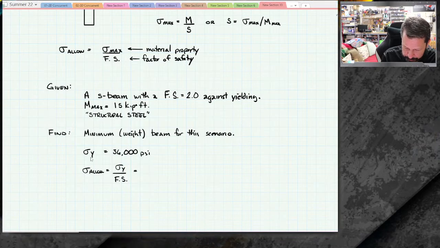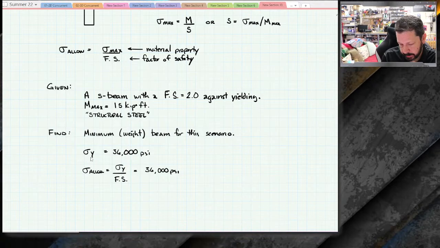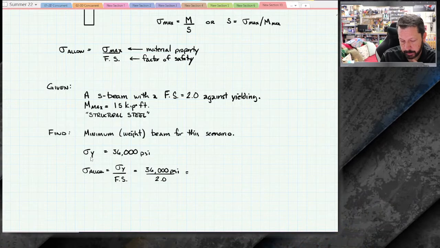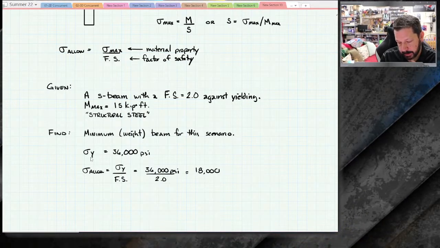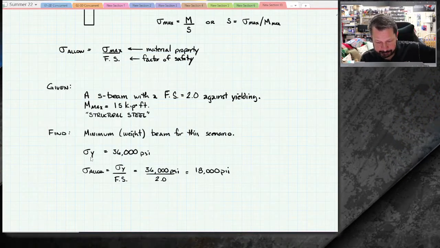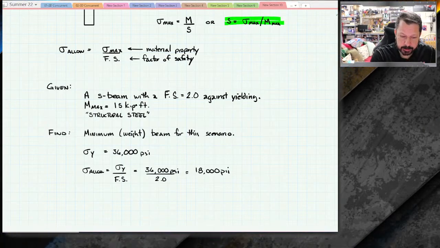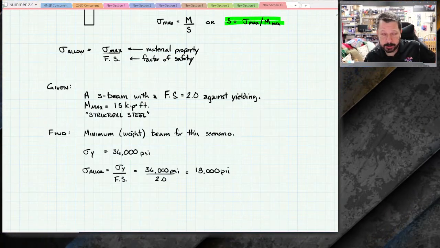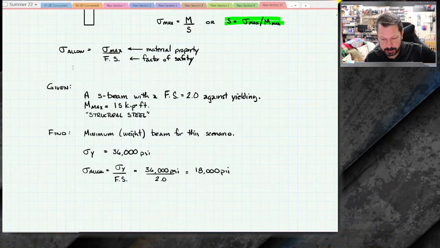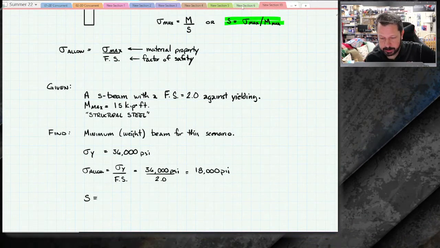So our allowable stress is that 36,000 psi divided by our factor of safety, which is 2. So we're going to allow 18,000 psi of stress in our beam. Okay, now we go up to our equation for the section modulus, which says the section modulus that corresponds to this strength and this allowable stress and this bending moment is S equals, and we're looking at here, sigma max.